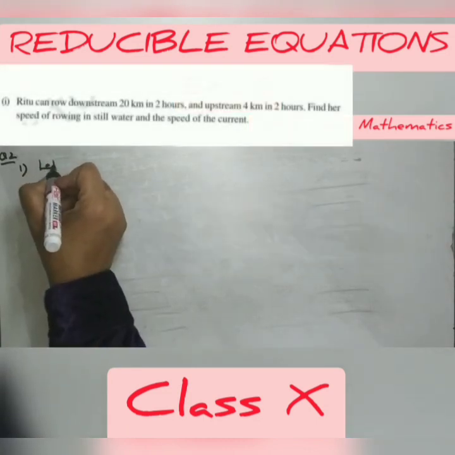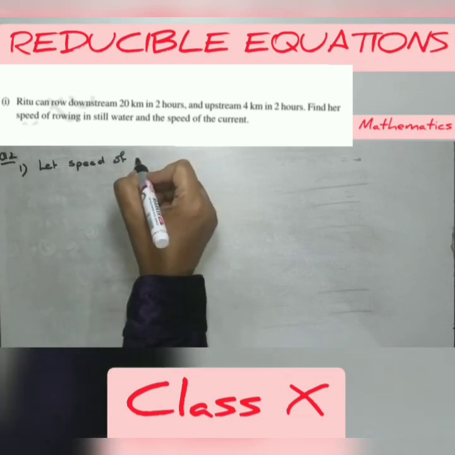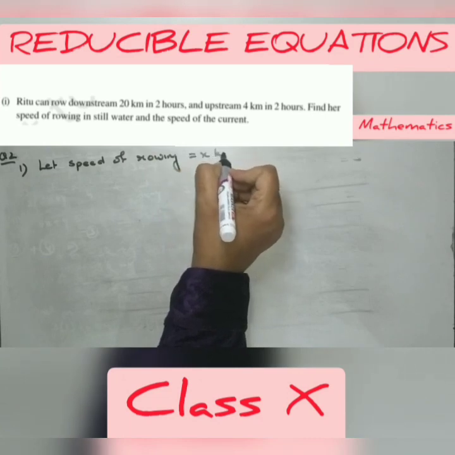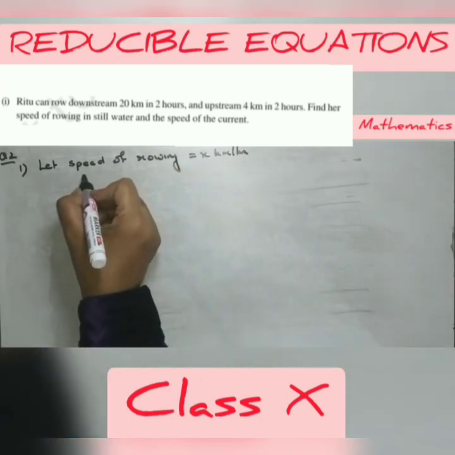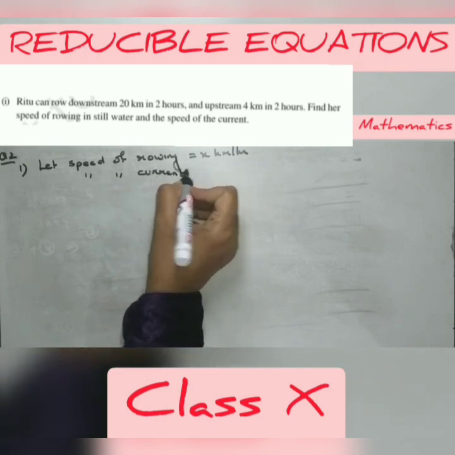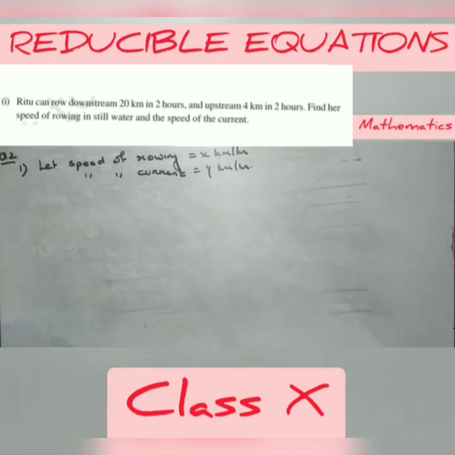So let speed of rowing is equal to x km per hour and speed of current in flowing water is y km per hour. Now your question is, Ritu can row downstream 20 km in 2 hours. So downstream speed.